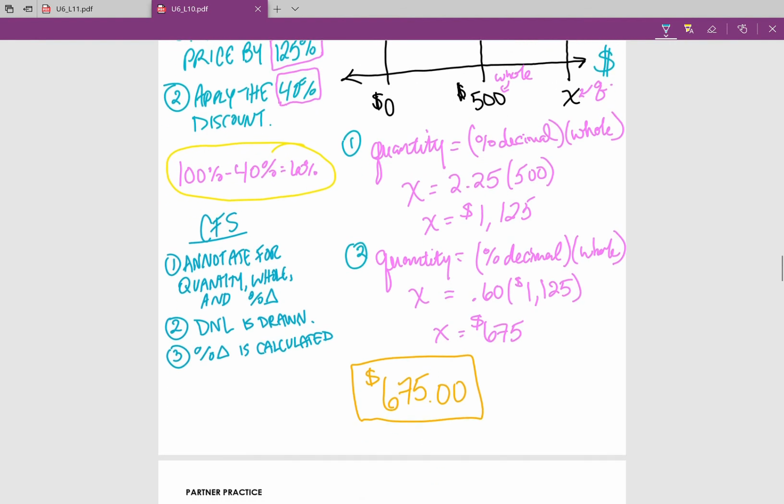And number 4, our percent equation is written and solved using substitution. And there you have it.